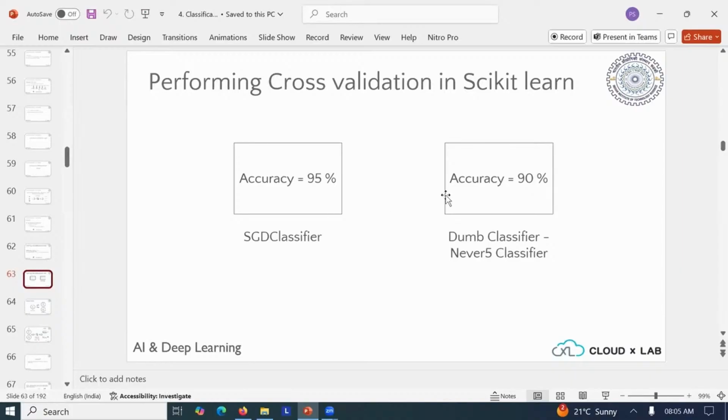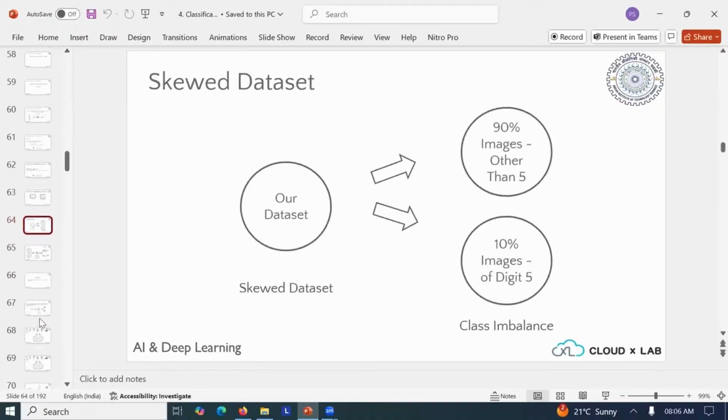So clearly accuracy is not a good performance measure when we have skewed distributions, with some classes in the majority and some in the minority, right? Okay.